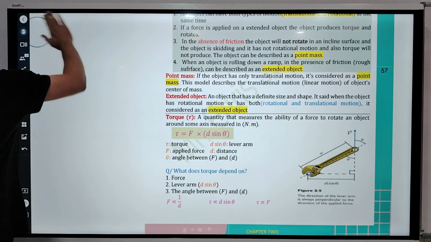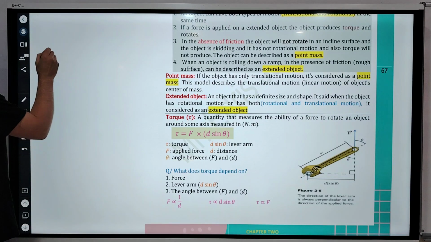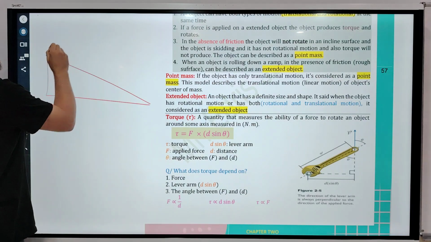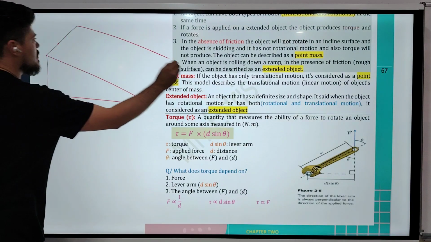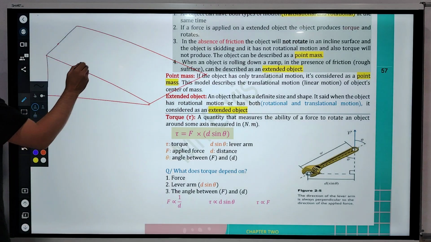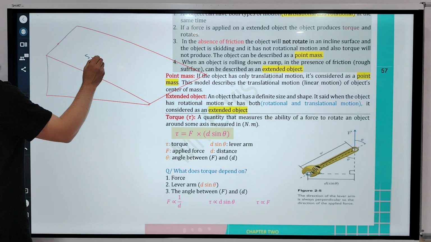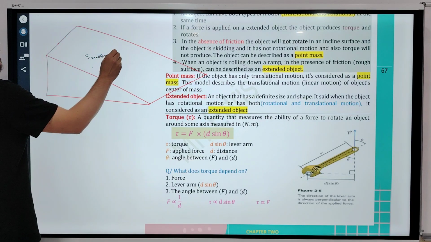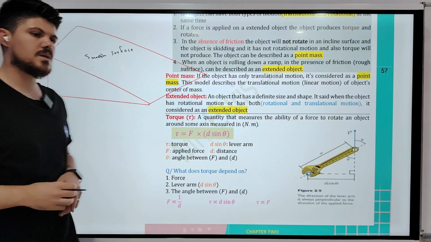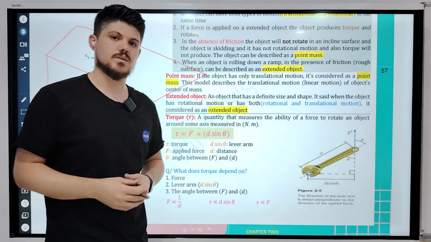So look at this example. This is very important, please. For example, if we have a smooth surface, assume that this is a smooth surface. What do we mean by smooth surface? A smooth surface means that there is no friction. Okay?